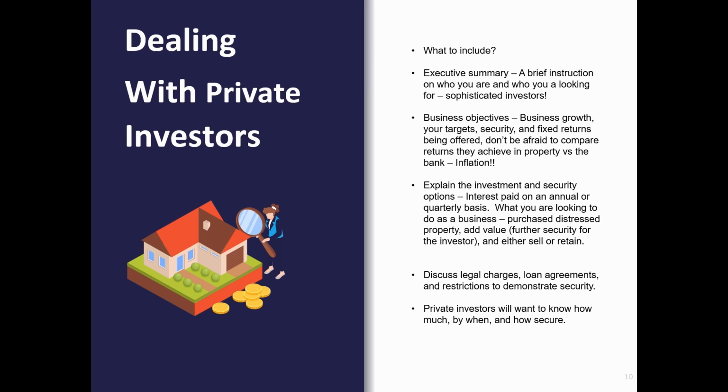Business objectives, so your business growth, your targets that you want to achieve over the next 3, 4, 5 years, what security you offer, the fixed returns that you offer, and also don't be afraid to compare these to the banks. You're offering a solution. They're getting minimum interest in the bank, and if you're offering 10, 15, 20% return, that's a lot more healthy than what they're getting at the moment, where it's just sitting in a bank somewhere when they could be investing that with you.